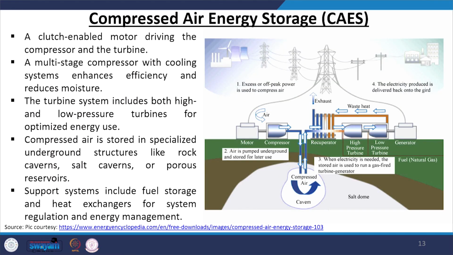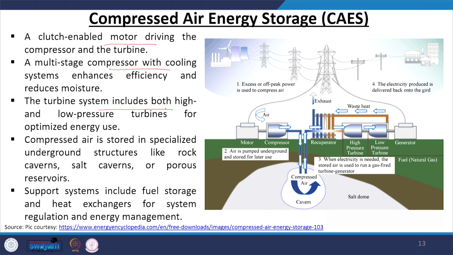Then the next type of energy storage is called compressed air energy storage, where you have a motor to compress air, stored underground, and then release it whenever you need it. A multi-stage compressor with a cooling system enhances the efficiency and reduces the moisture, because if your air has moisture, then that will deteriorate the life expectancy of any mechanical devices, be it a turbine or anything else.